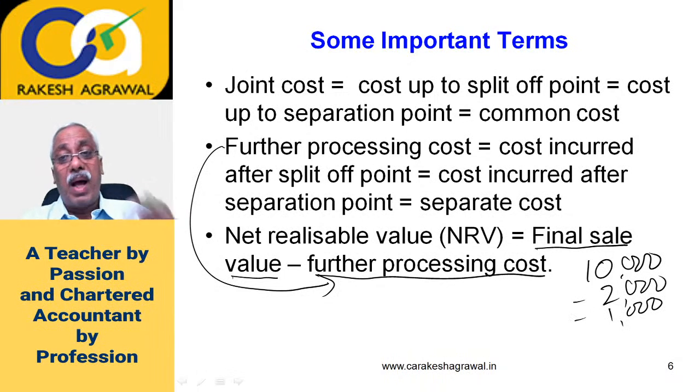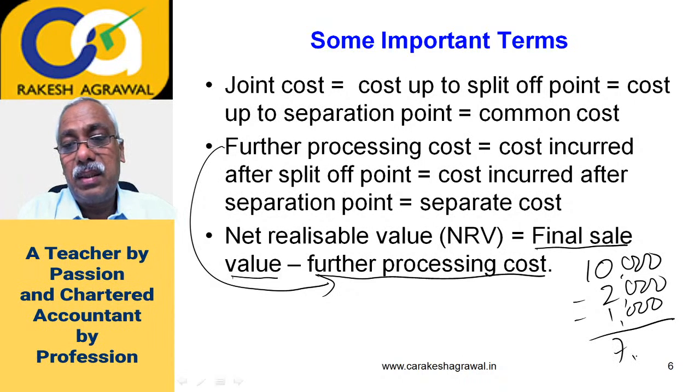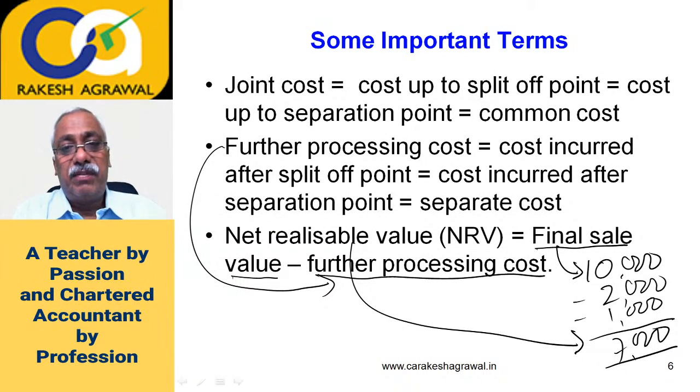Expenses you have incurred on marketing of that product. Then 10,000 minus this 2,000 and 1,000, that is minus 3,000, gives 7,000, which becomes net realizable value. 10,000 is final sale value, 2,000 is further processing cost, and 1,000 is marketing expenses. So net realizable value is 7,000.